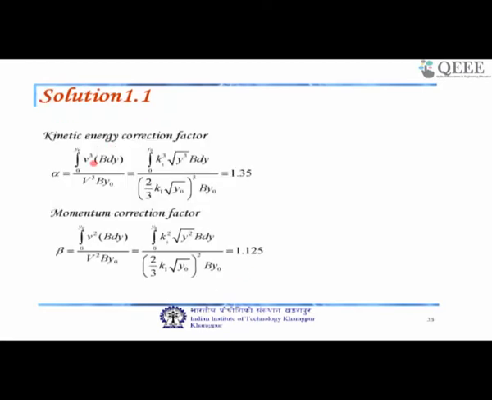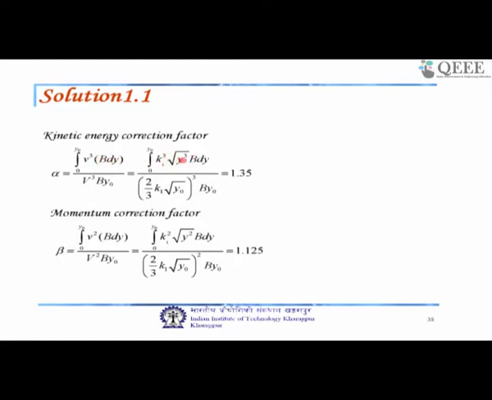square root. Similarly, if we try to get this kinetic energy correction factor, again we can use this integration, 0 to y naught v cube b into dA, dy, that is total dA.